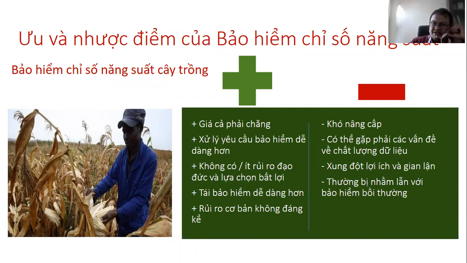But it's much less moral hazard compared to indemnity insurance, where the individual farmers know that if they have a loss, they might be able to report a claim, and that claim might be paid. But here, because it's depending on the experience of a large number of farmers in a particular area, many of the farmers may not even know who else is insured. So, as a result, the scope for moral hazard and even adverse selection is much lower for yield index insurance.